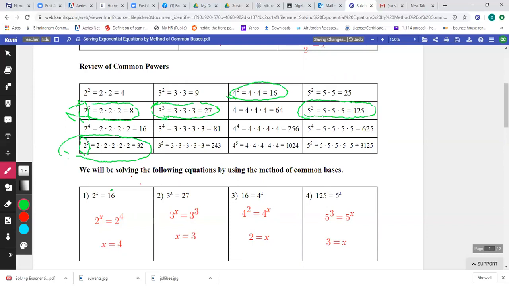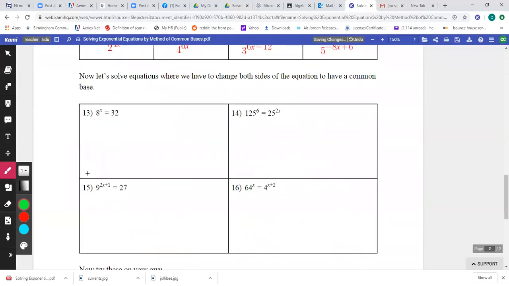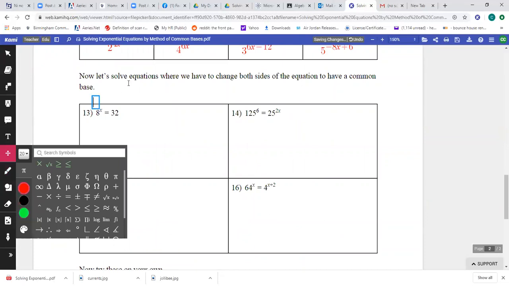Everyone was able to find it in the table, right? 8 is 2 to the 3rd, and 32 is 2 to the 5th. So I'm just going to rewrite that here so we don't have to refer back to the table. 2 to the 3rd is 8. And we also know that 2 to the 5th is 32.